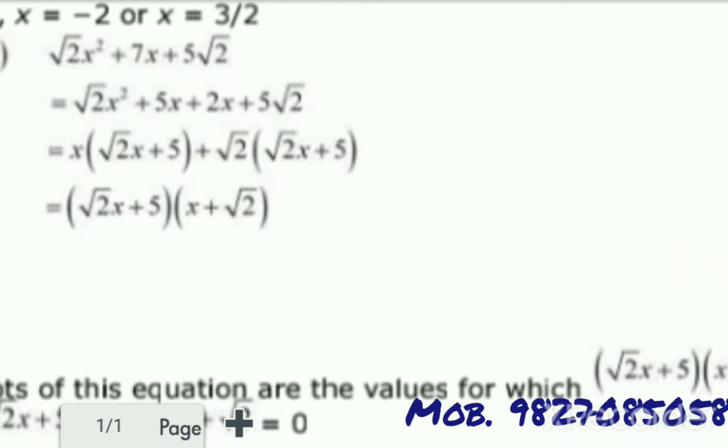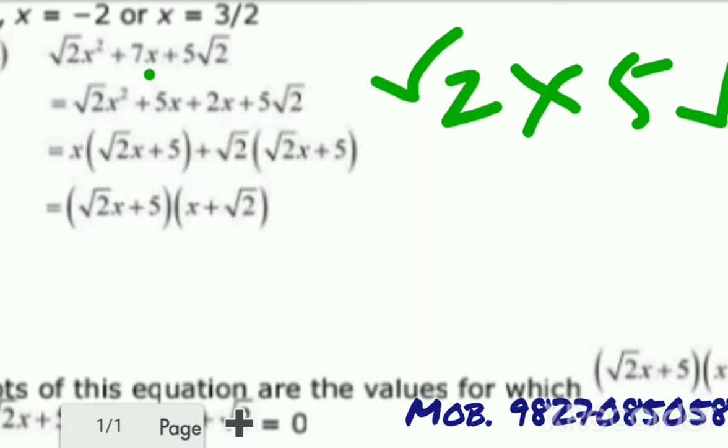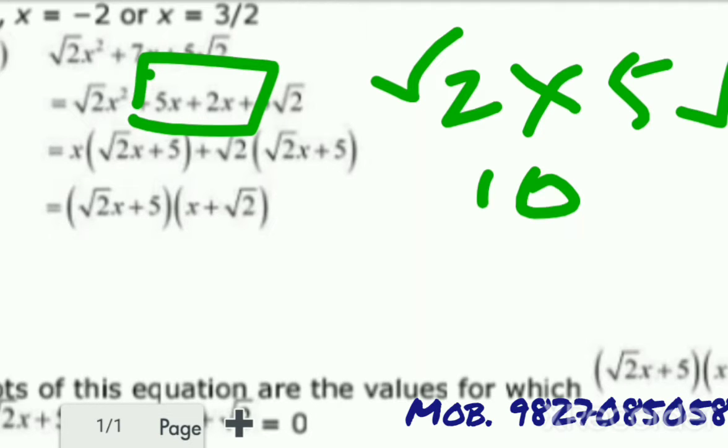Here the middle term is 7, and when we multiply the first number into the third number, we get root 2 into 5, which is equal to 10. So we can write easily, we have to find 7, so we can write 5x plus 2x, 5 plus 2 is 7 and 5 into 2 is 10.